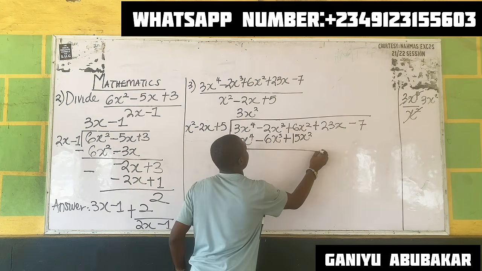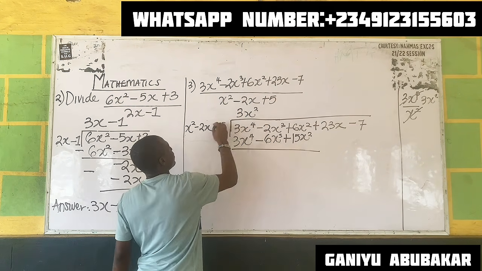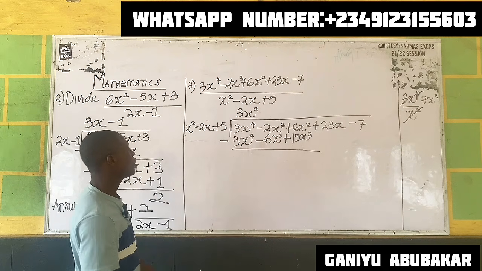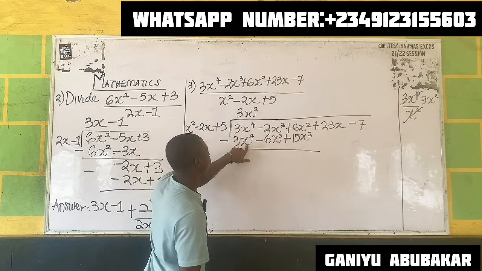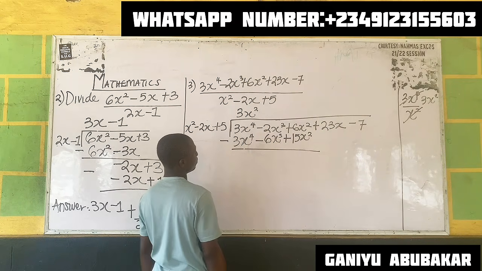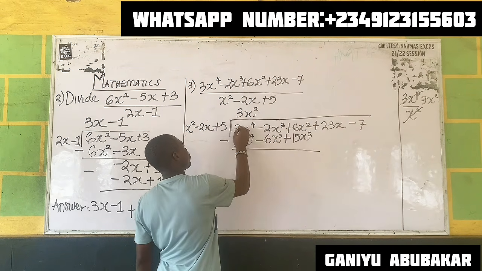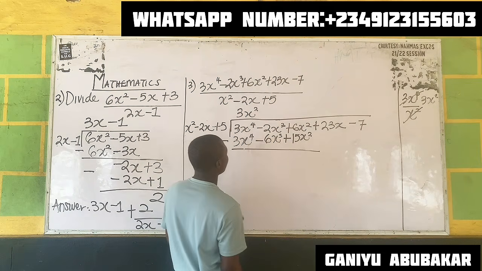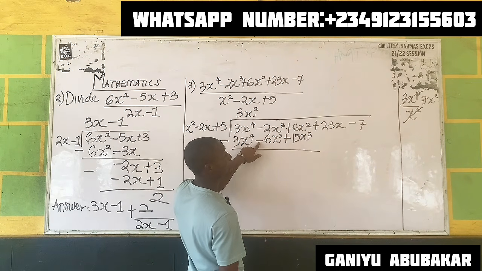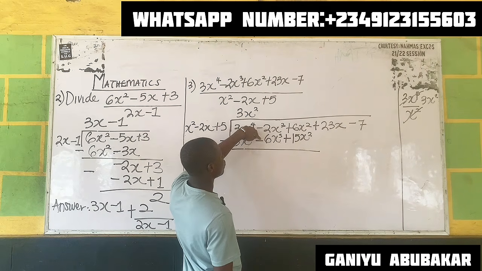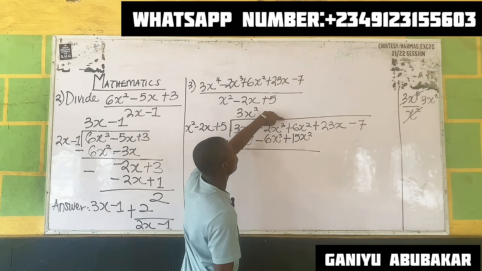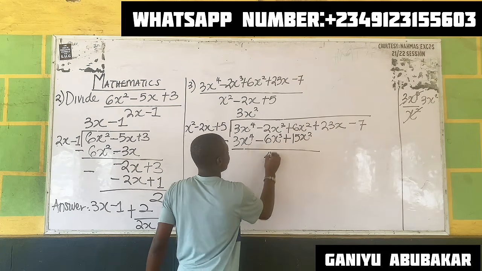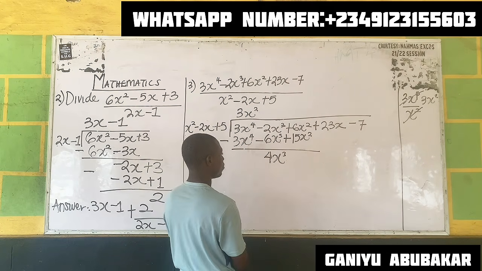So take your line this way. We said when you multiply it this way to have this answer, you subtract this value minus this value. They are the same thing. That gives you 0, because this is plus 3x to the power 4 minus 3x to the power 4. That's 0. Now in this case here, minus minus gives you positive, right? So here is positive. So minus 2x cubed plus 6x cubed gives you 4x cubed, right?